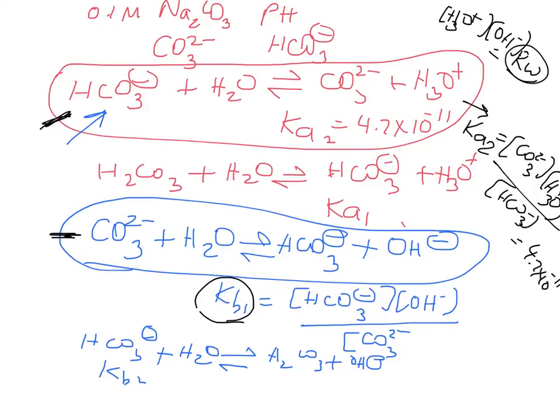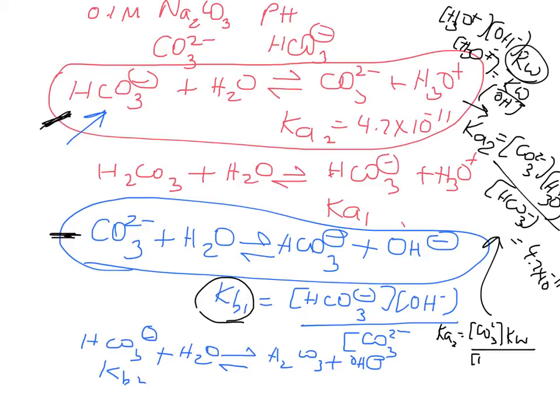So if we can say that hydronium is going to be equal to Kw divided by the hydroxide, and we plug that number into the Ka2 because looks like only that is the literature value that is known to us, we could say that Ka2 is going to be equal to carbonate CO3 2 negative times the Kw divided by hydroxide and HCO3.